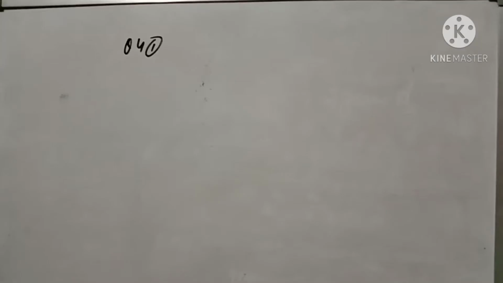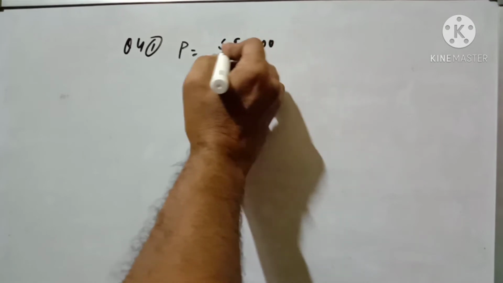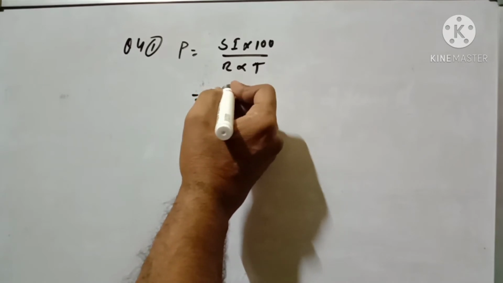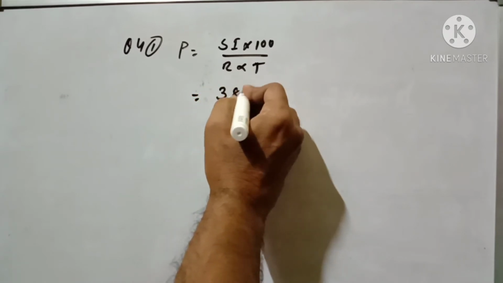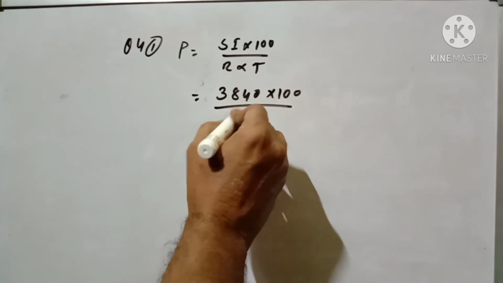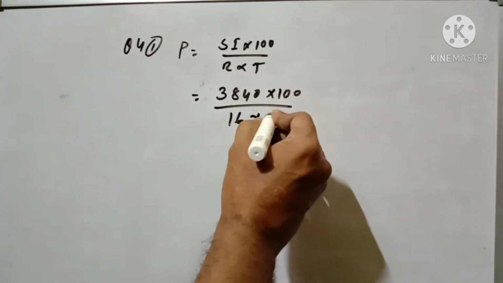Write down. Question 4, first, find the principal. When simple interest at 16% per annum for 2 whole 1 by 2 years is rupees 3840. So principal equals, as we know, SI into 100 by R into T. So SI is 3840 into 100 by R, which is 16, into time, which is 2 whole 1 by 2, that means 5 by 2.